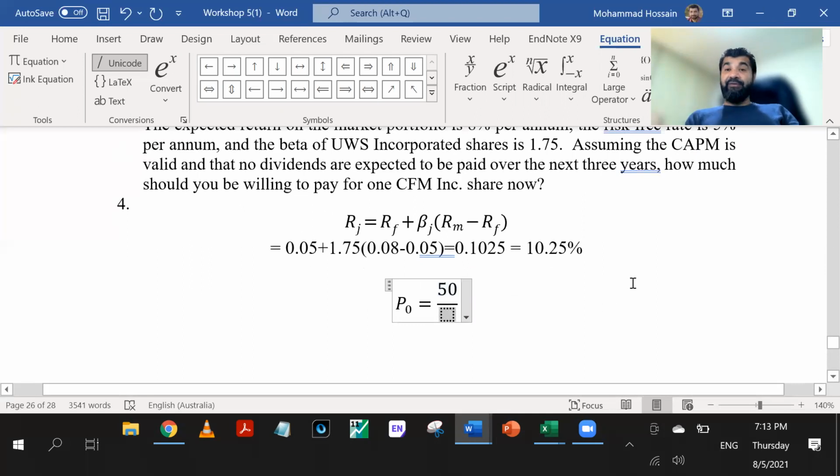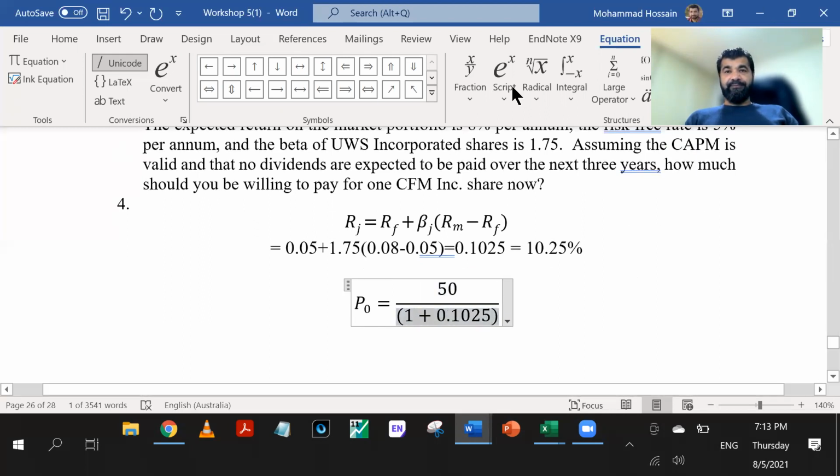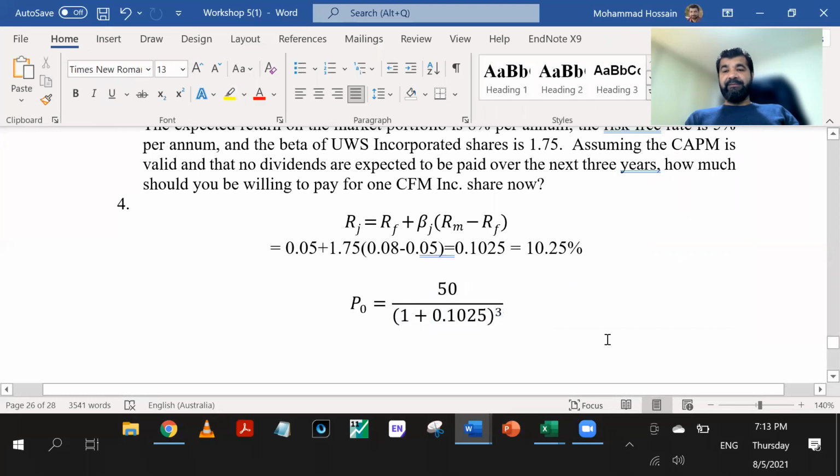We are calculating the present value now, okay? That's what we're doing, present value. $50 divided by 1 plus 0.1025, to the power of 3. Done.